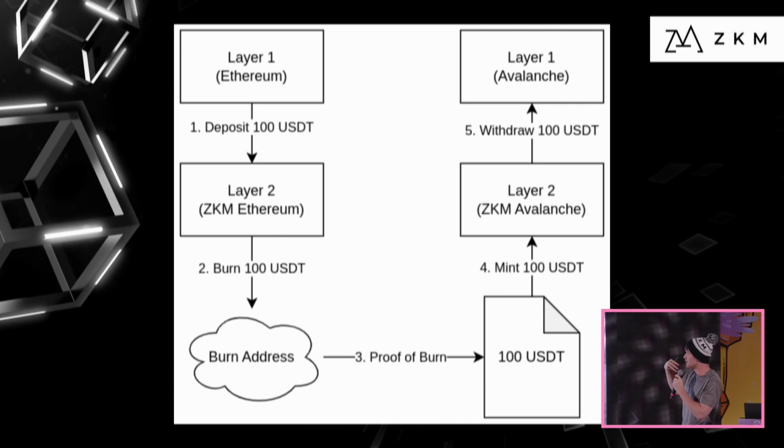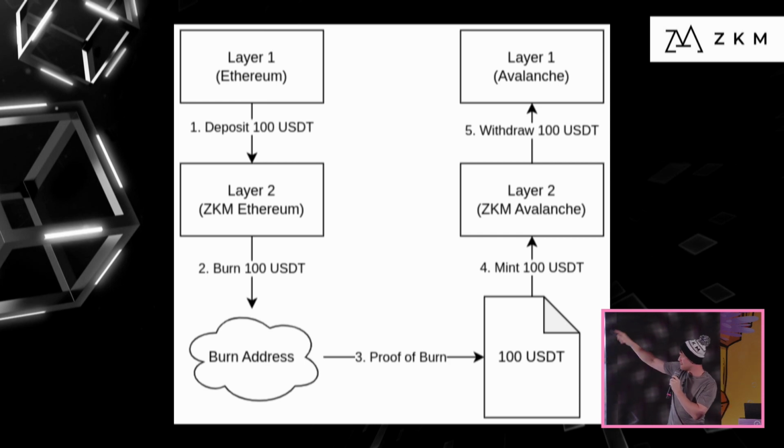So in this way, the layer 2 can communicate with other layer 2s that implement that same protocol. In this way, we can actually burn 100 USDT on one of these layer 2s and then essentially generate a proof that I burned this amount of USDT on that layer 2, and then be able to redeem it on a separate layer 2 within the same network.